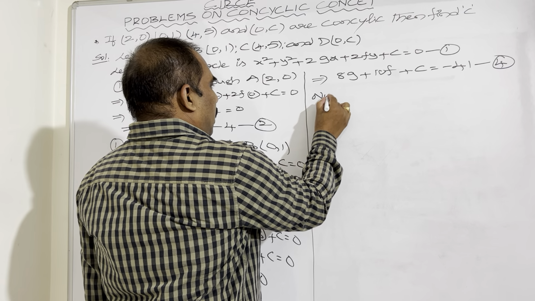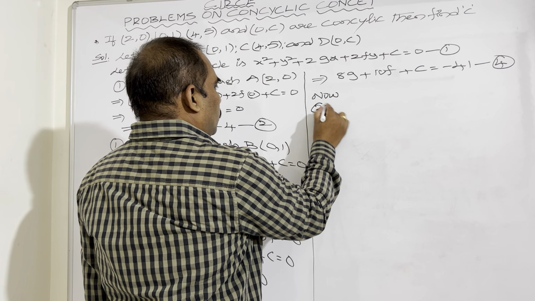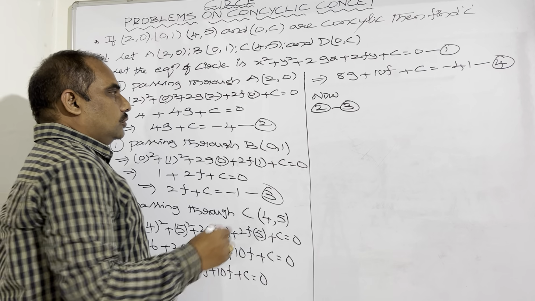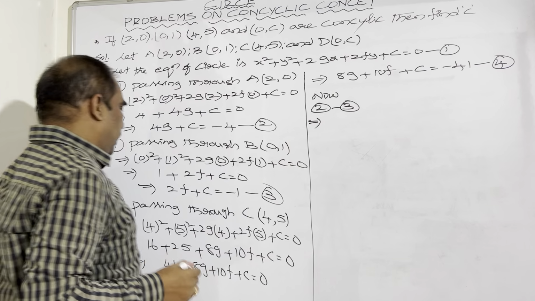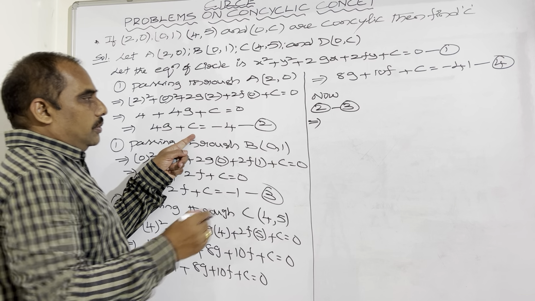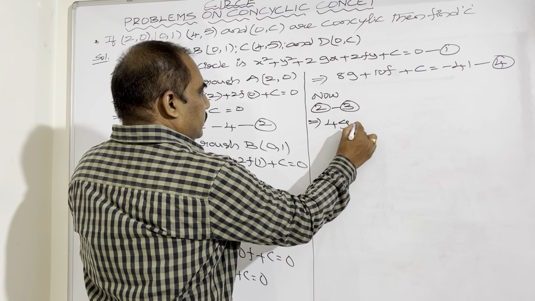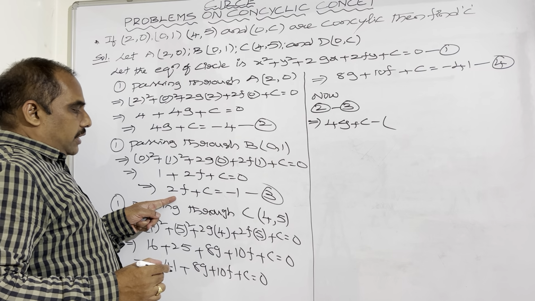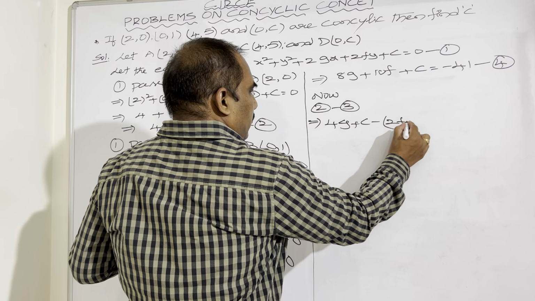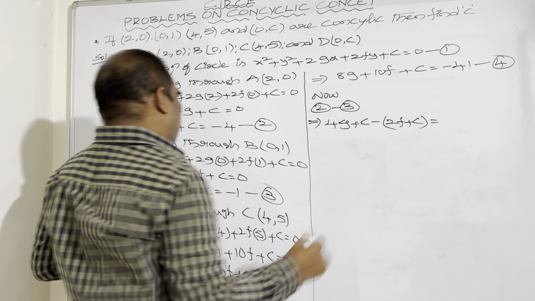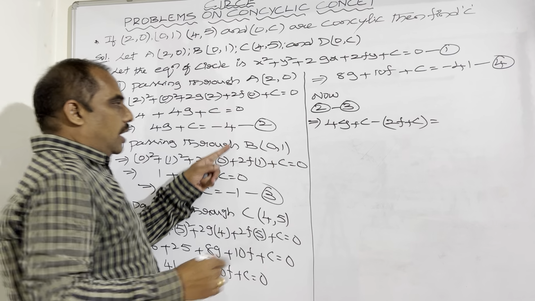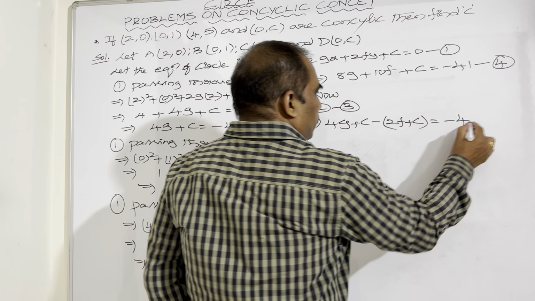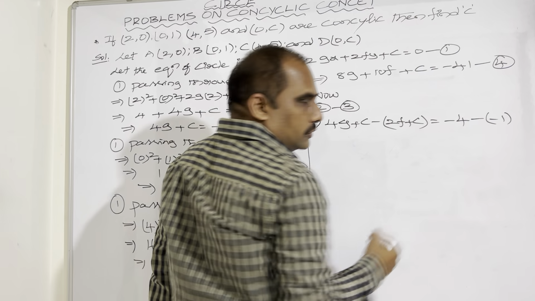Now solving 2 and 3. So 2 minus 3, subtracting 3 from 2. On the left-hand side we have 4g plus c minus 2f plus c is equal to, on the right-hand side, minus 4 minus of minus 1.